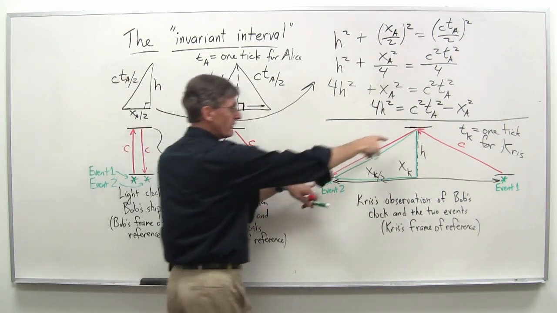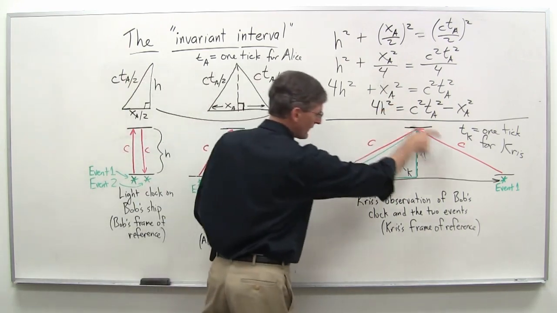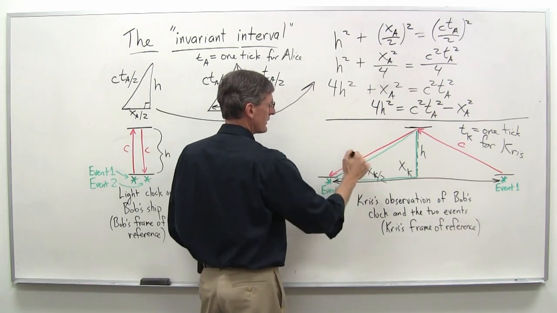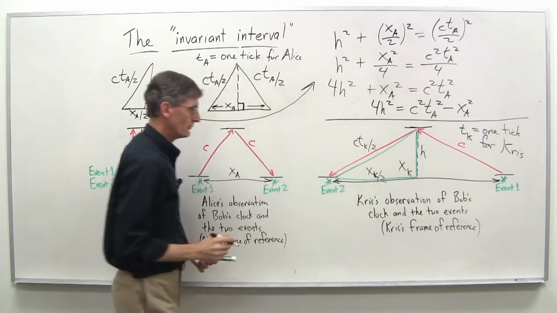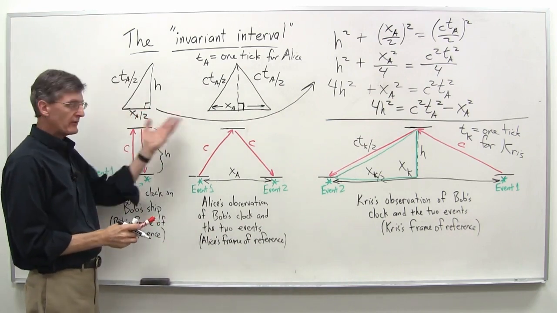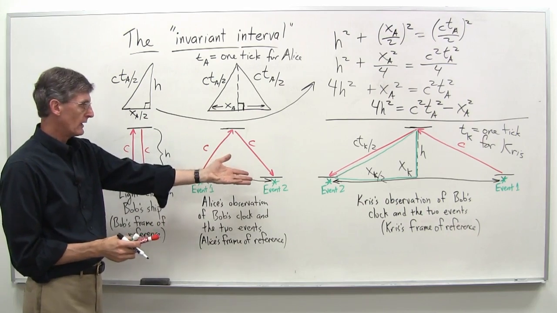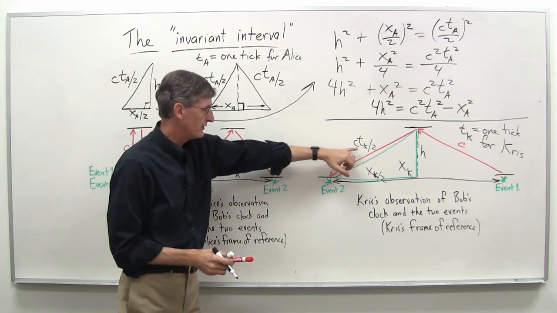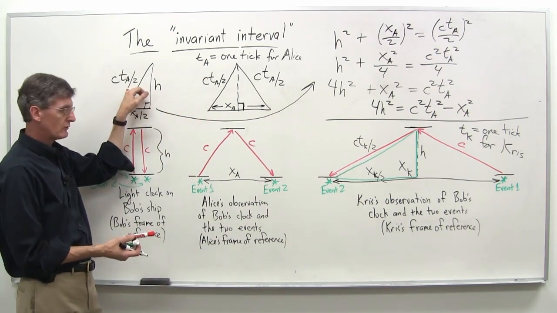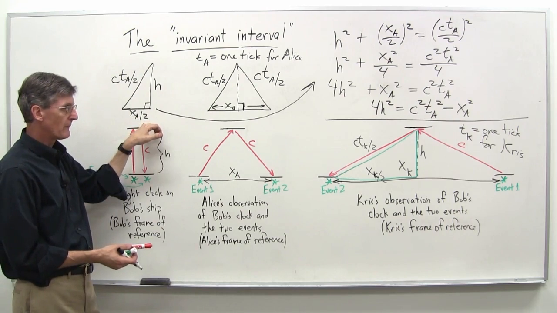And this distance here is the speed of light times half a tick, because half a tick up, half a tick down. So this becomes c tk over 2. Exact same little triangle as with Alice, just different values here. Okay, we have h is the same. That's going to be important here in a minute. But we have c tk over 2 versus c ta over 2, and xk over 2 versus xa over 2 here.